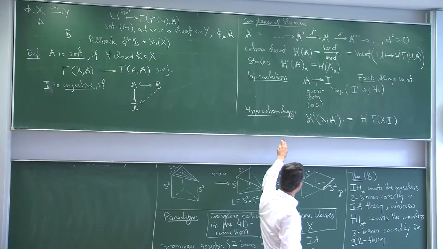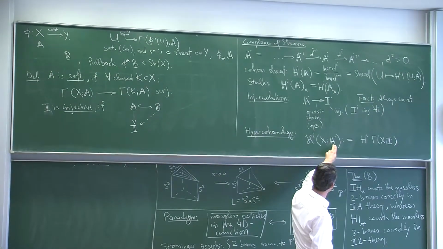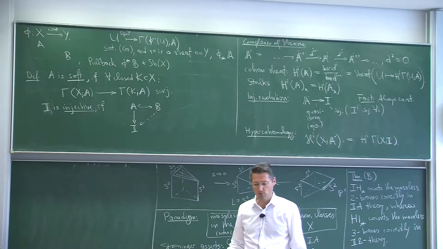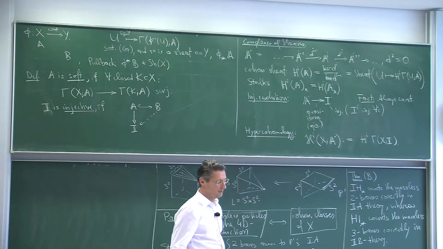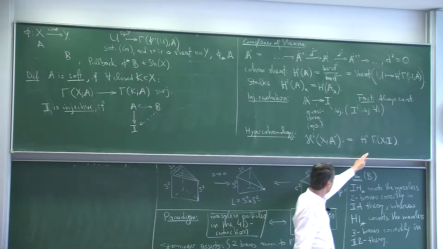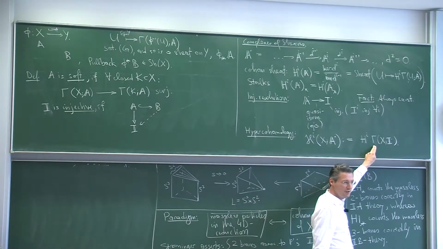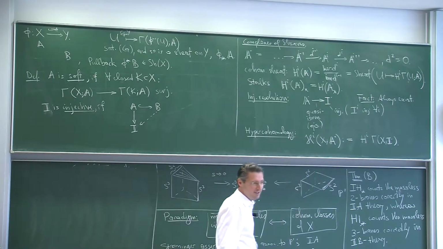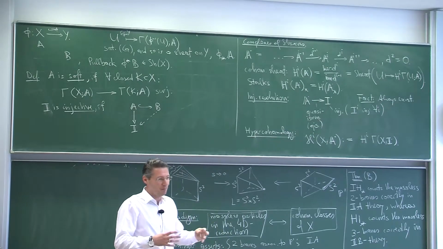Suppose you plugged in for A the constant real sheaf on X. That's supposed to be the ordinary cohomology of X, of course. But if you didn't do anything but just took the global sections of the constant sheaf, you would just get nothing, right? You would not get any higher cohomology groups. So you have to do something to soften it up, if you will.